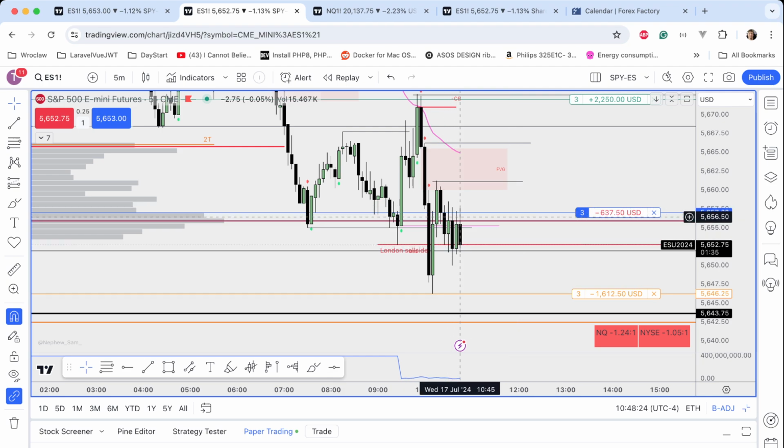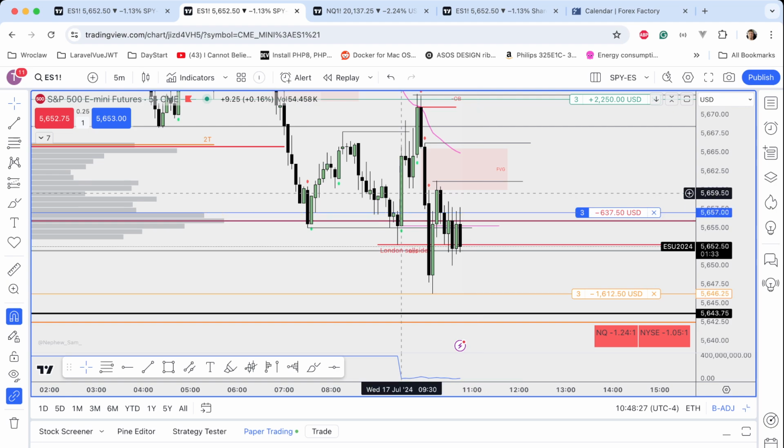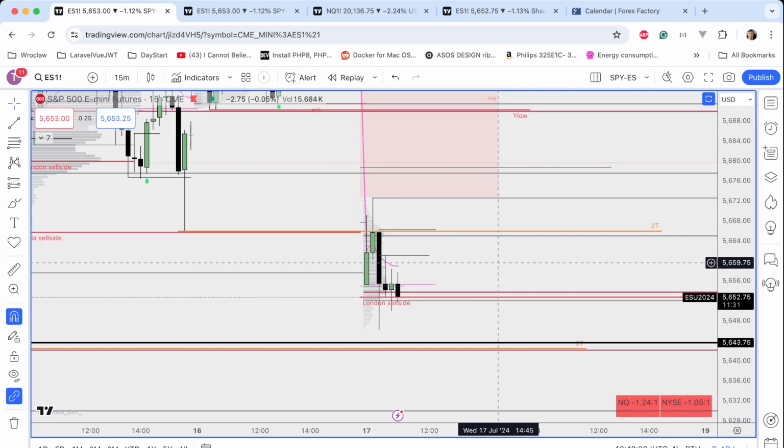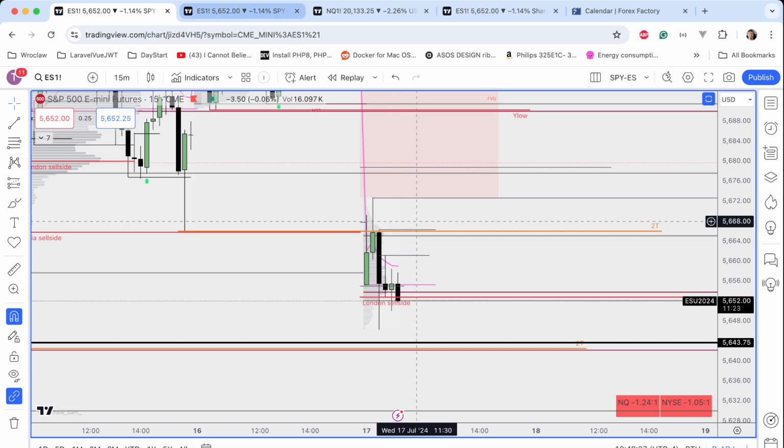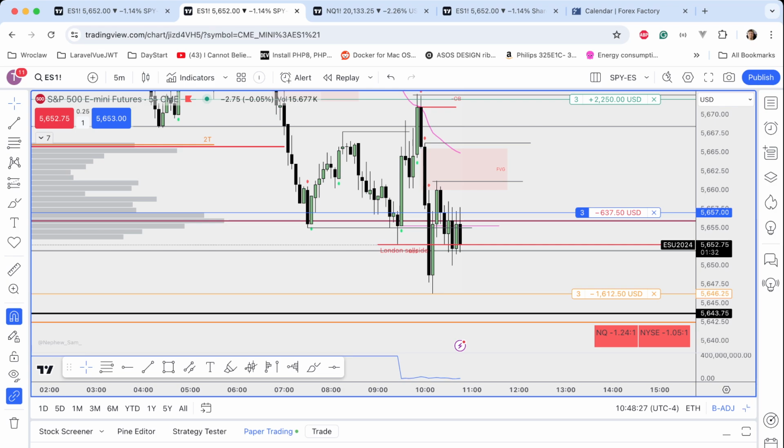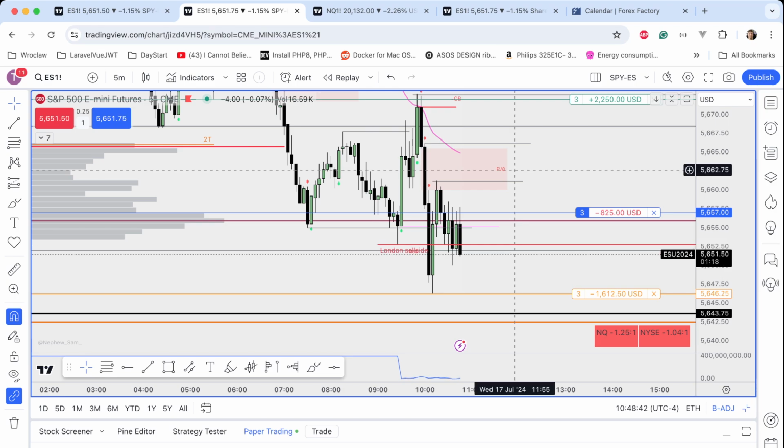That doesn't mean anything. They can create whatever they want. We have a 15-minute liquidity sweep here. Let's see if they're gonna push higher. I need to hold this. Man, that's it. Oh man.